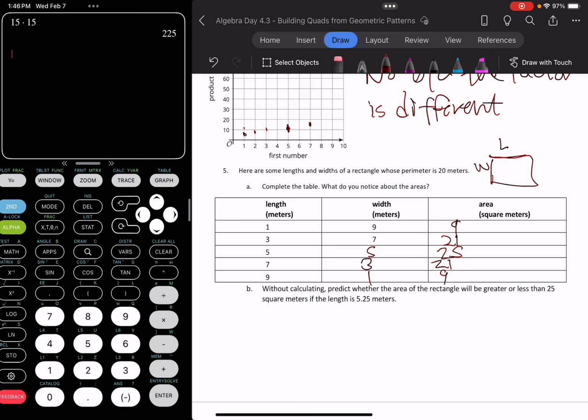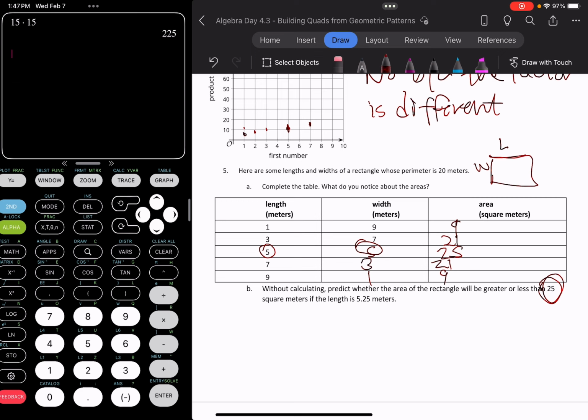Without calculating, predict whether the area of the rectangle will be greater or less than 25 square meters if the length is 5.25 meters. So if it's 25 square meters for 5 times 5, then a rectangle with a length of 5.25 would have another side or width of 4.75.